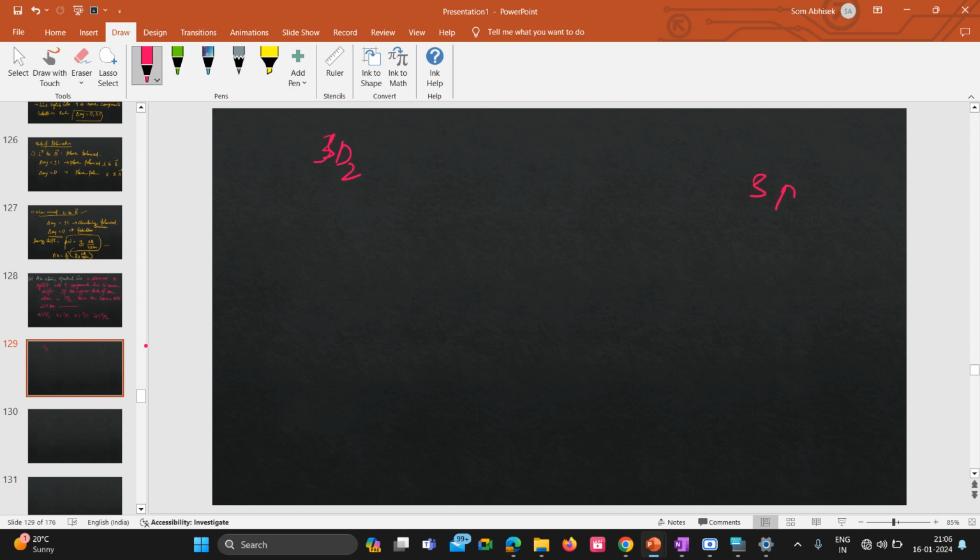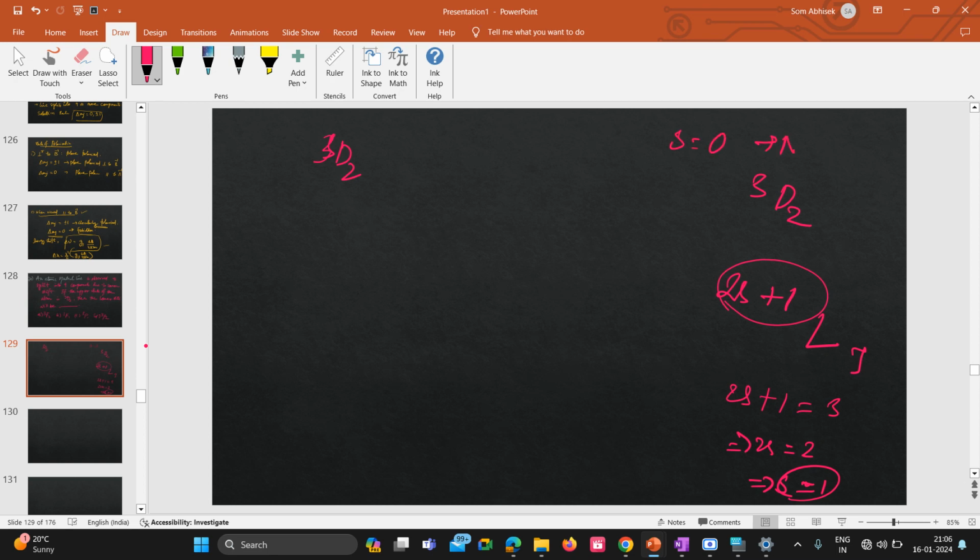3d2. What is the spectroscopic notation? 2S plus 1 L_J, right? So here 2S plus 1 is equal to 3, 2S is equal to 2, S is equal to 1. We know S equal to 0 is normal Zeeman effect, S not equal to 0 is anomalous Zeeman effect.